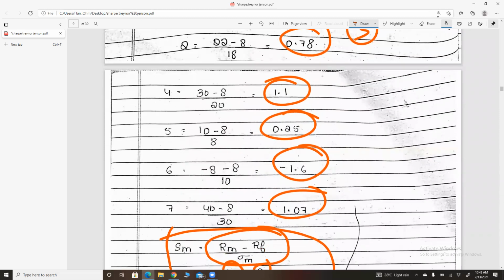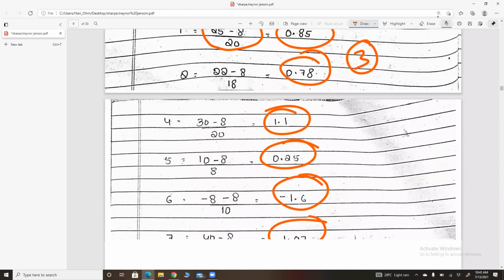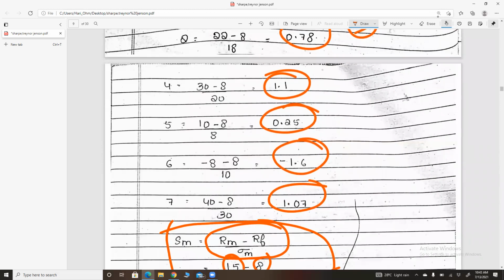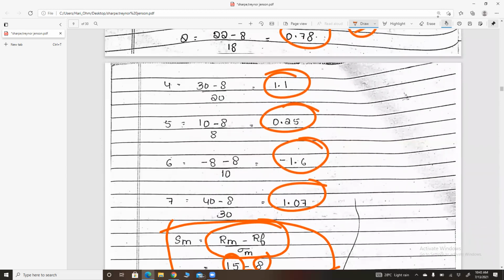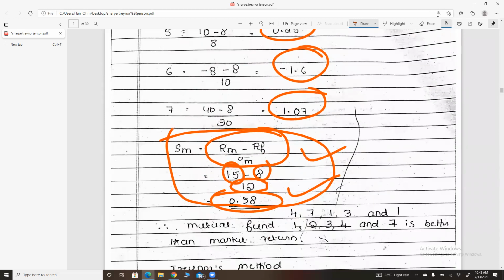Now what you have to do, you need to compare with the market. All these 7 mutual funds are there, right? Their return needs to be compared with this market return, that is 0.58. If a mutual fund return is more than that, then those mutual funds must be preferred.